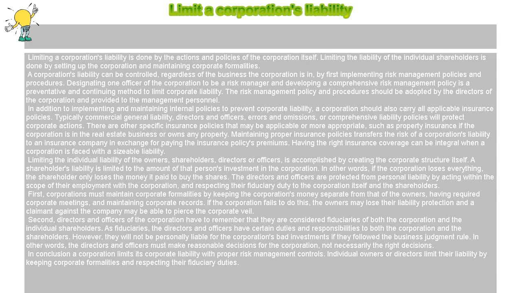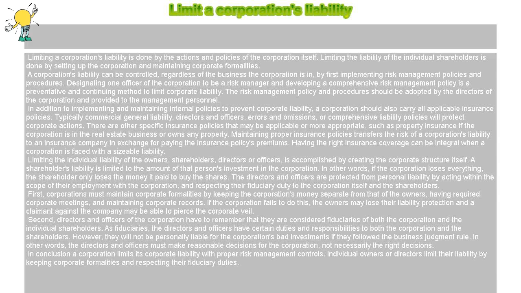Second, directors and officers of the corporation have to remember that they are considered fiduciaries of both the corporation and the individual shareholders. As fiduciaries, the directors and officers have certain duties and responsibilities to both the corporation and the shareholders.